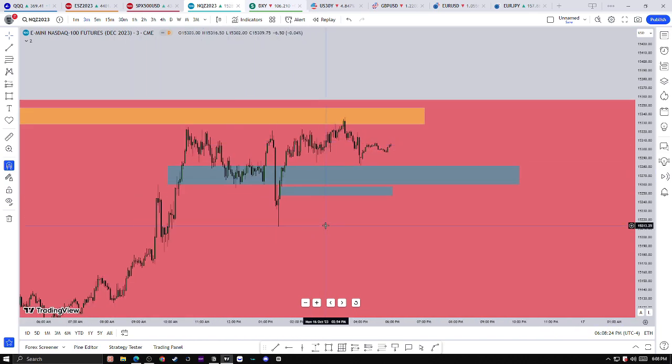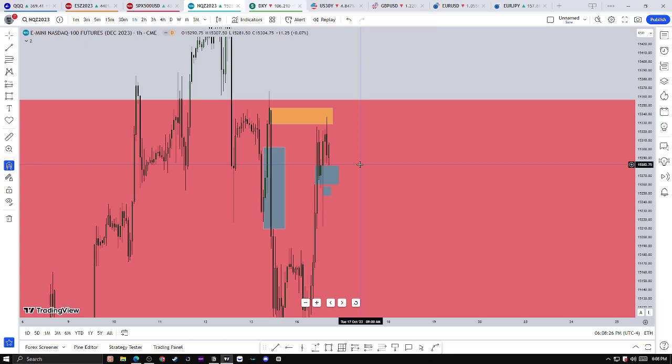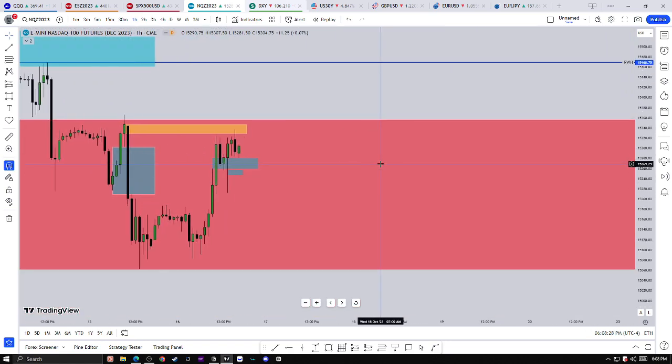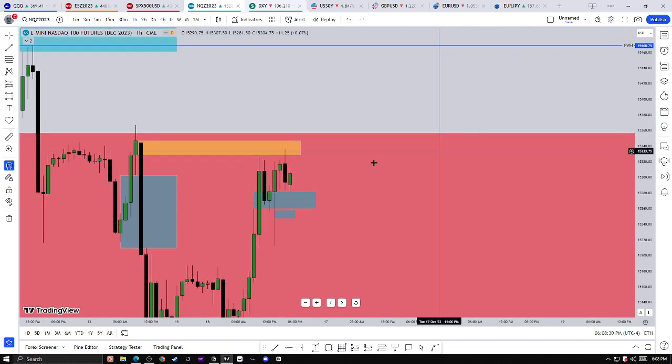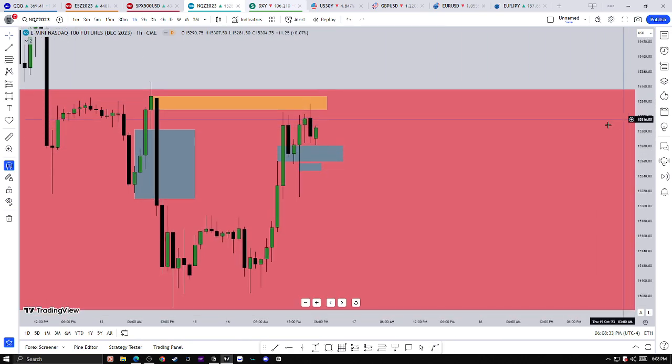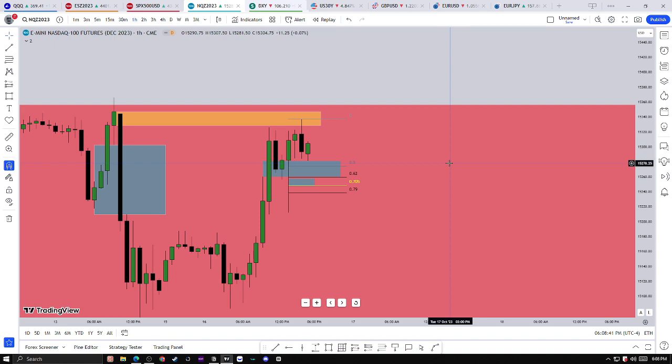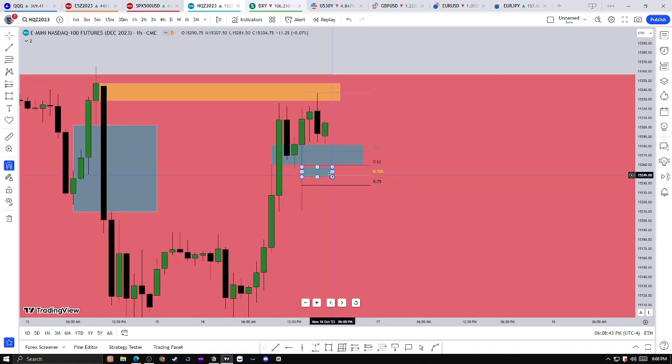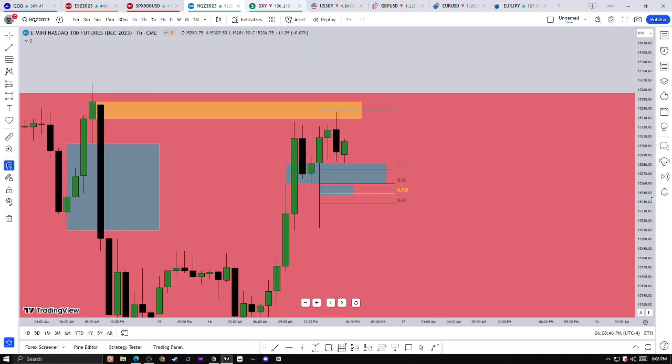Then what I like to do is go back to the 1 hour, and I'm hoping that price respects this and kind of chops around. Then you would take the OTE level of this huge swing low to this huge swing high. And look at that, a fair value gap lines up with your OTE levels.